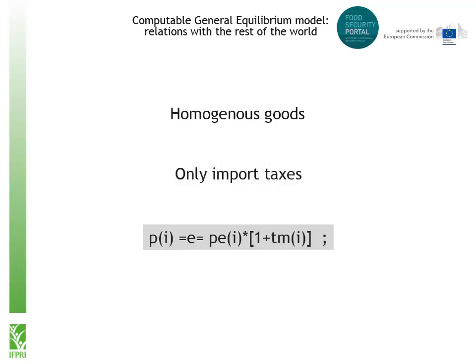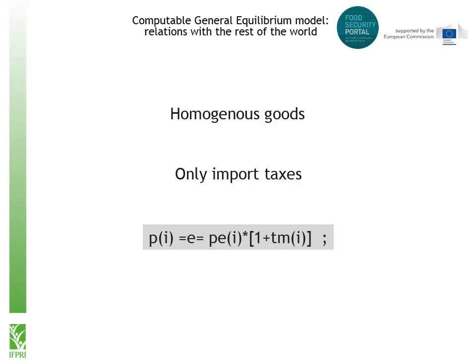This implies that the relation between local prices and foreign prices is very simple. Local prices can be greater than the world price because of import taxes, and the relation is P in sector i, the local price, is equal to the world price, PE in sector i, times 1 plus the import tax, TM in sector i.